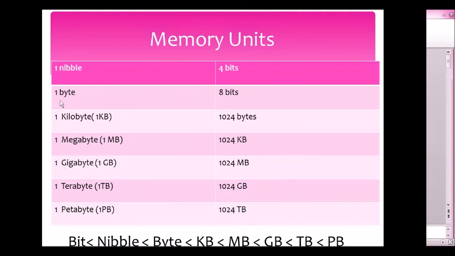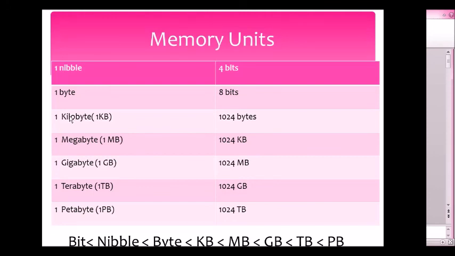See, 1 byte is 8 bits, and 1 kilobyte means 1024 bytes. Okay, 1 kilobyte is equal to 1024 bytes, and 1 megabyte is 1024 kilobytes.